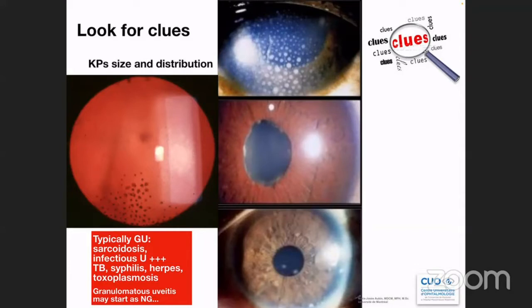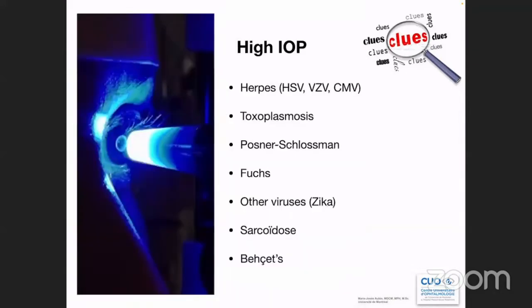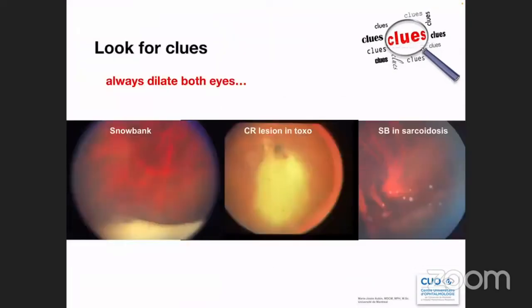But always remember that granulomatous disease might start as non-granulomatous. We already discussed that high IOP should make you think of herpes, but also toxoplasmosis might give hypertensive uveitis.